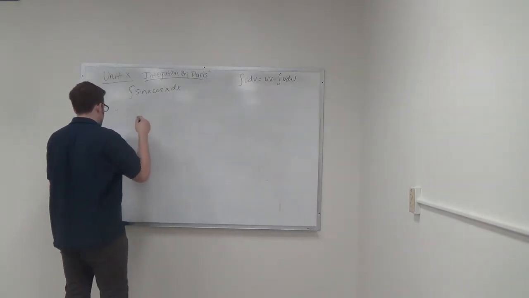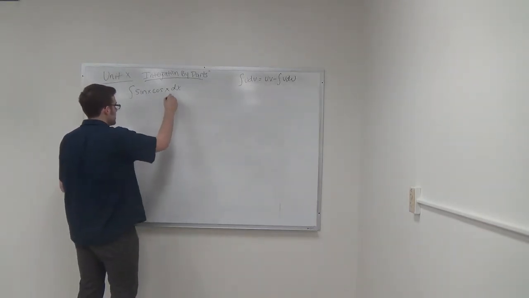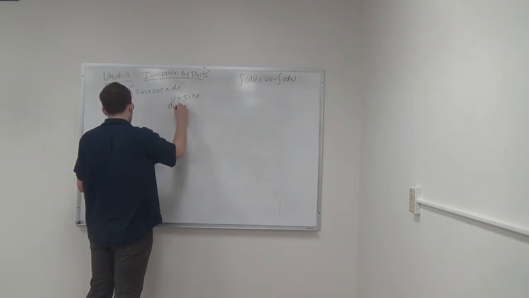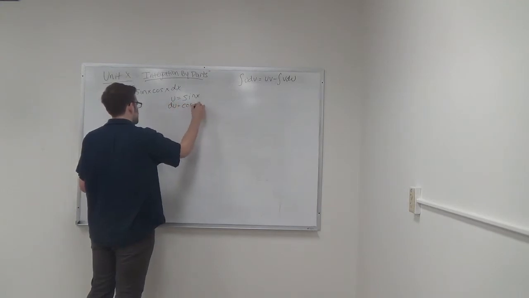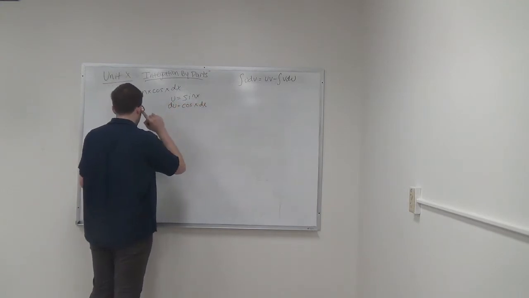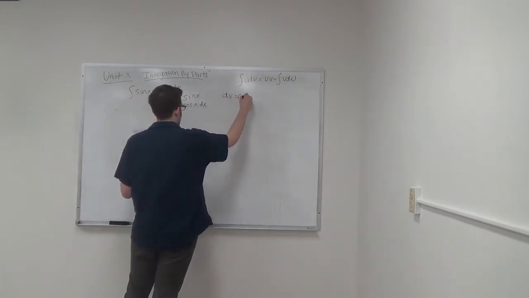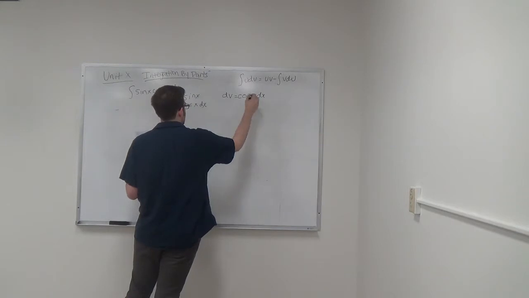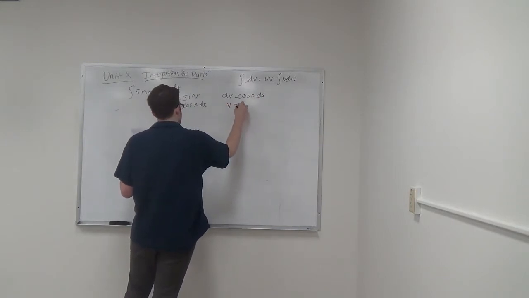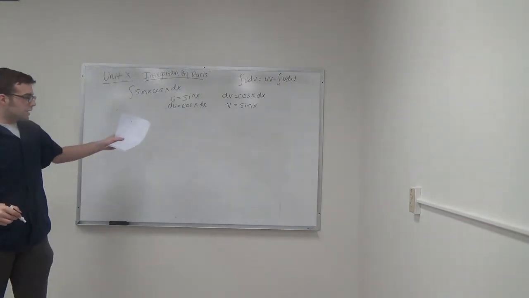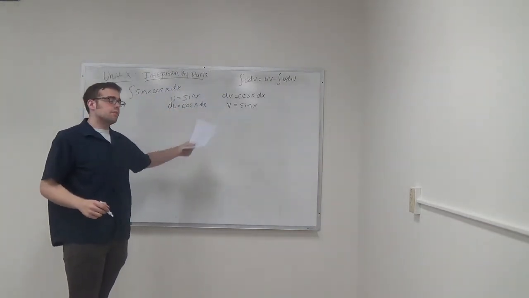By cyclic I mean, well, we'll see what I mean. Where u is equal to sine of x and du is equal to cosine of x dx. dv is equal to cosine of x dx, and v is equal to sine of x. Once again, just finding the integral of dv.